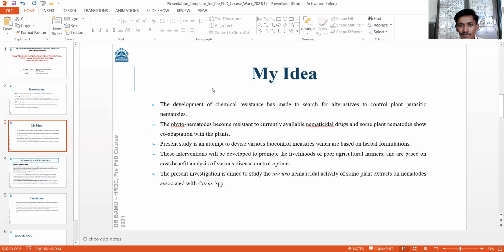It will directly benefit those farmers. So the present investigation aims to study the in vitro nematicidal activity of some naturally available plant extracts on the nematodes associated with citrus species.